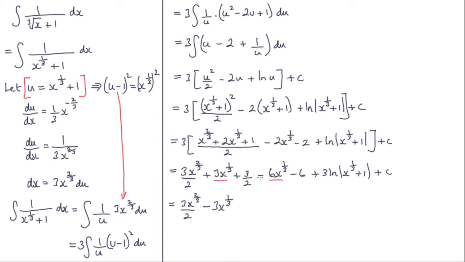We've got a constant here and a constant here and a constant here, so I can group those all together to get one single constant. So I've still got this log term, so 3 log of x to the 1 over 3 plus 1, plus my constant of integration. I suppose I should use a different letter, but we'll just keep it as c.